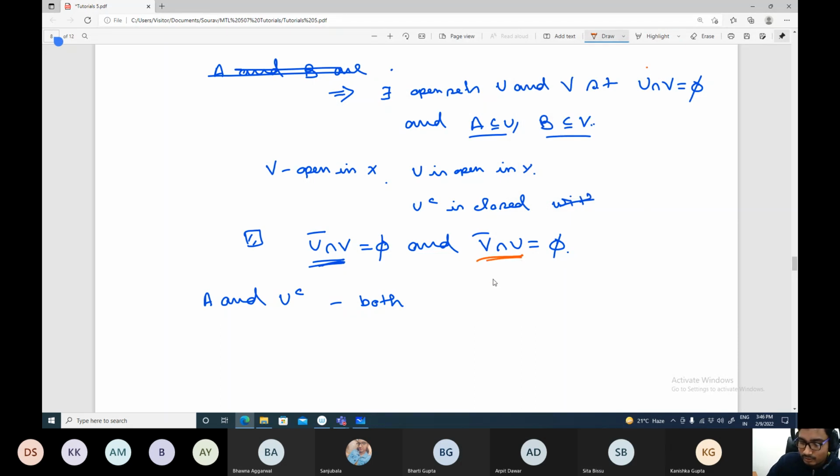Take x belongs to U. Then U is a neighborhood of x. But U intersection V is equal to phi. So x has a neighborhood U which is disjoint from V. Can we say x belongs to V bar?